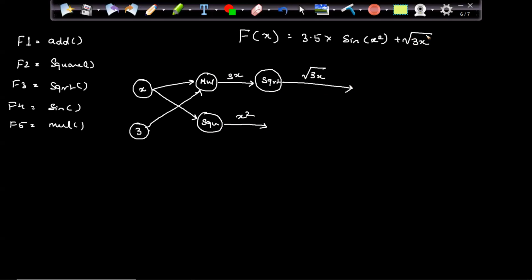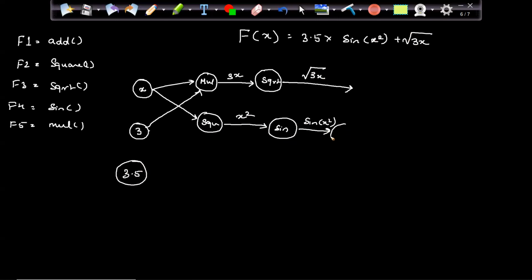After that, this part is done. I got this part. This part is still pending. The square of x is x square. I will apply the sine function, which will give me sine of x square. And I will have one more input, which is 3.5.